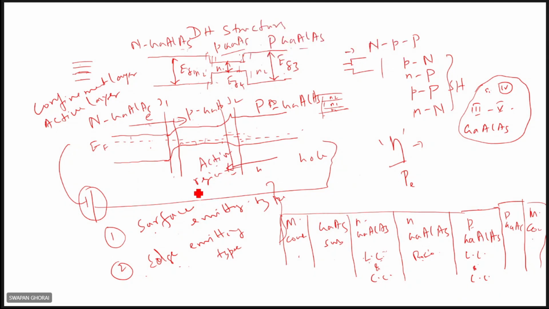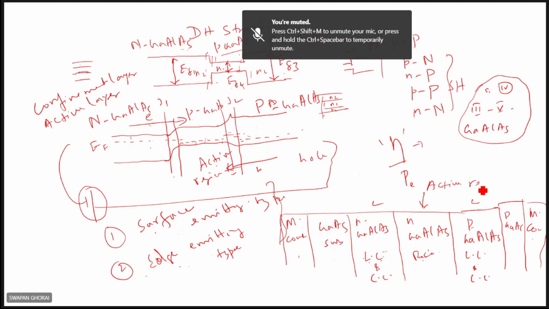And the LED can be of two types: surface emitting type LED and edge emitting type LED. The different layers are shown here. You can see these two layers, the light confinement layers, with larger band gap, and the middle layer is the active region, where carrier recombination takes place, right?